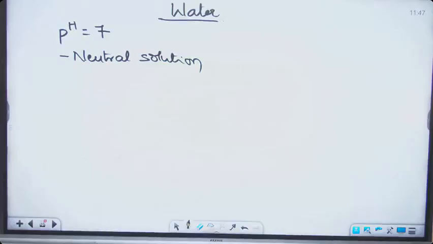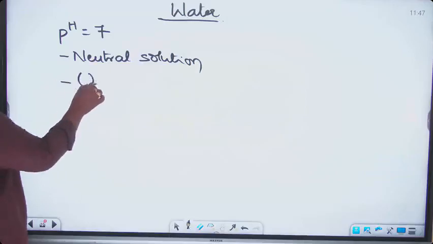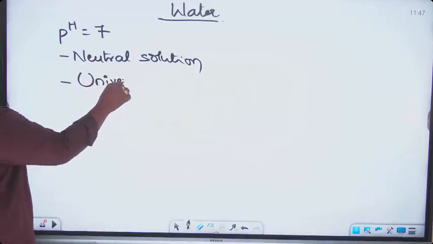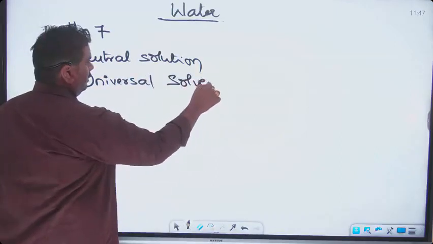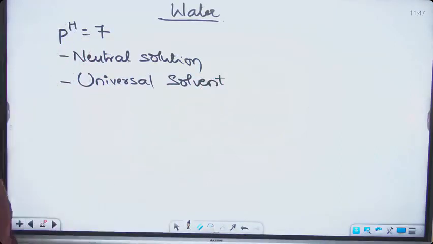At the same time, water is also known as universal solvent. సార్వత్రిక ద్రావణి లేదా విశ్వ ద్రావణి అని అంటారు. Water is also known as a universal solvent.